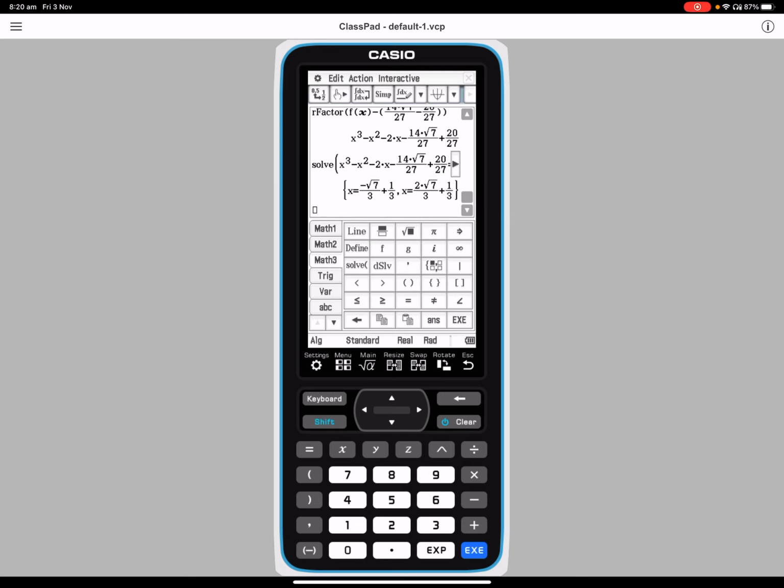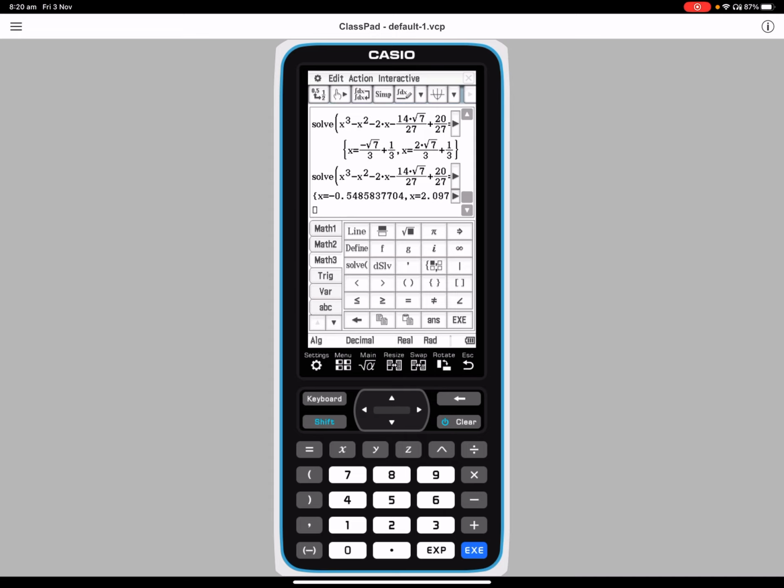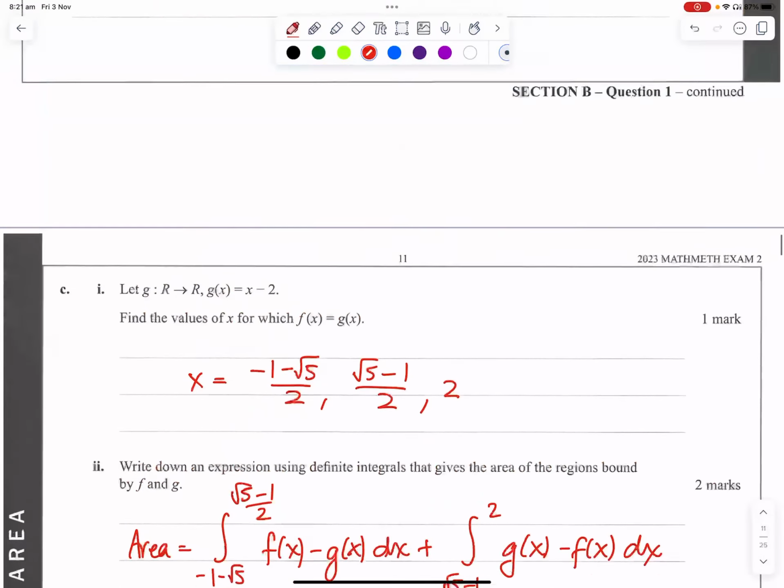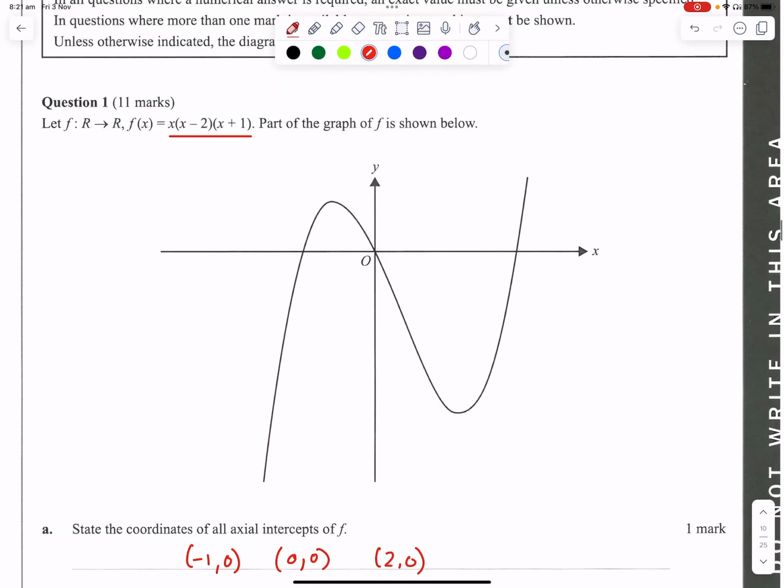Okay, so when we solve it, we get two x-intercepts. We get this one here, which we know it has to be, because it's that translated down value, it's got to be that value there. And then the other x-intercept is going to be this one.